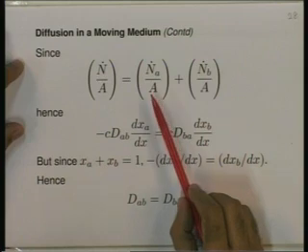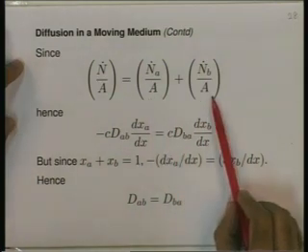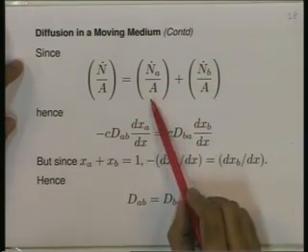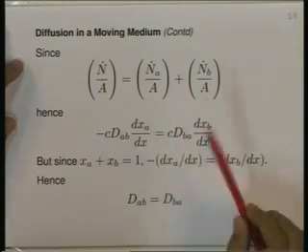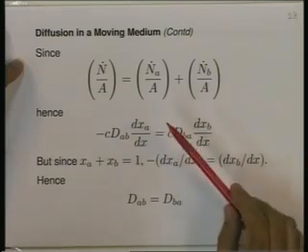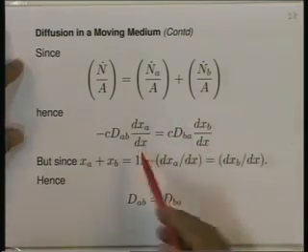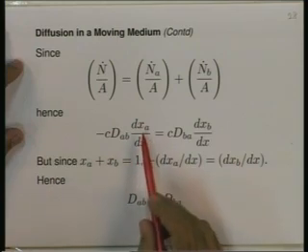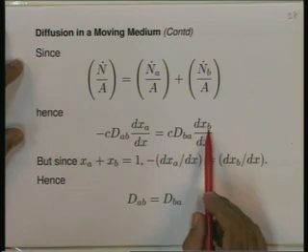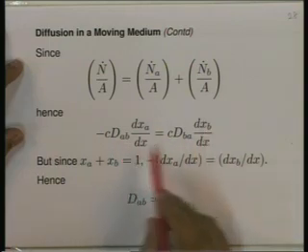We should remember that the total molar flux is made up of the molar flux for component A plus the molar flux for component B. If we add the two expressions, one for molar flux of A and another for molar flux of B, and use the definition of the molar mean velocity, we will get this expression, which represents a relation between the gradient of XA, the gradient of XB, and dAB and dBA.